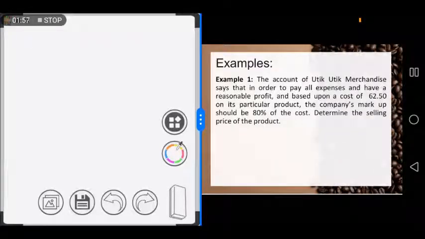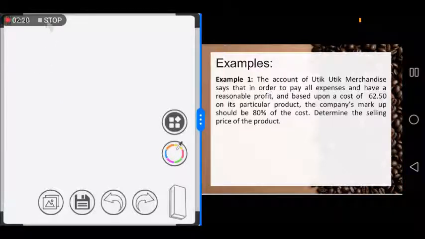For number 1, the account of Utik-utik Merchandise says that in order to pay all expenses and have a reasonable profit, and based upon a cost of 62.50 on its particular product, the company's markup should be 80% of the cost. Determine the selling price of the product.